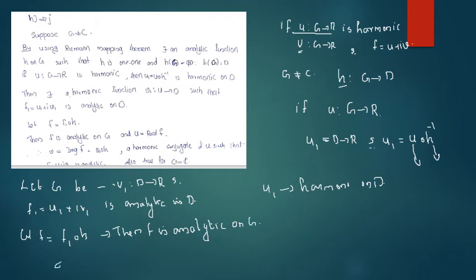and u is the real part of f, and v equals the imaginary part of f. That is, v1 composition h is the complex conjugate. This is the theorem.